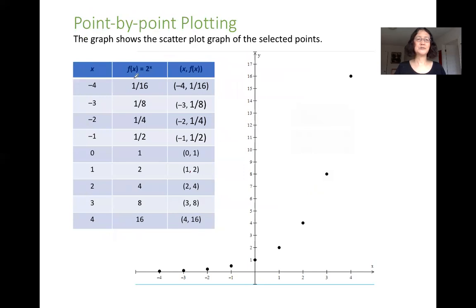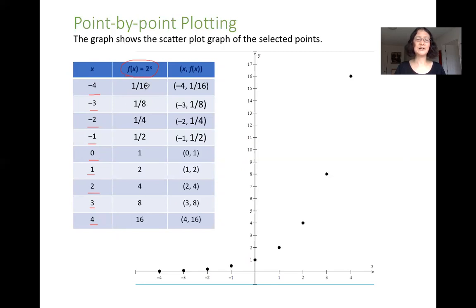So if you want to graph f(x) equal to 2 raised to power x, you take some values for x, because x could be any number on the number line. So you take some positive numbers, negative numbers, and 0. And then you figure out what is the y.